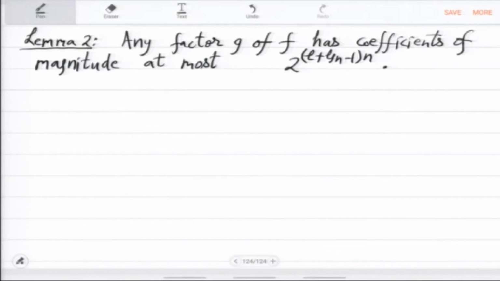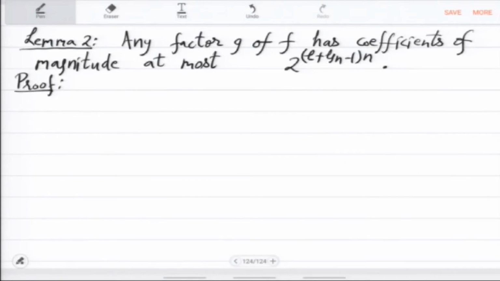It's slightly more, but remember that this is the magnitude. So the bit size is only ln. So in terms of the input size, the bit size is pretty small. So factors cannot be too large. That is the bottom line of this statement.